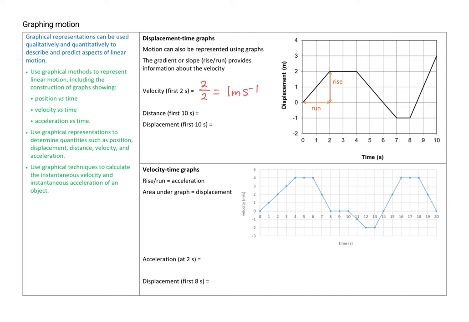Then let's look at what's the distance covered in the first 10 seconds. Well, we go forward 2 metres, then we go nowhere, and then we come backwards 2 metres, so we've done 4 metres, 2 plus 2 is 4.